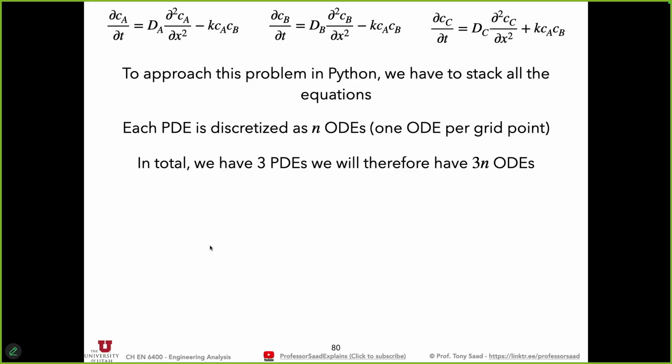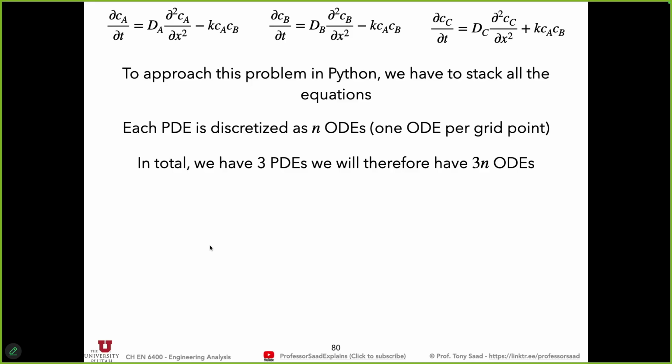Now the question is, how do you organize these ODEs in solve_ivp? Do you put at each grid point ODE of A, ODE of B, ODE of C, and then on the next grid point ODE A, ODE B, ODE C, and so on? Or do you put all the ODEs for A, and then after them all the ODEs for B, and then after them all the ODEs for C? It doesn't matter. solve_ivp will figure it out.